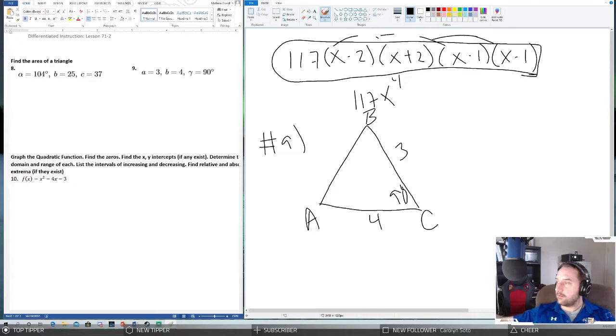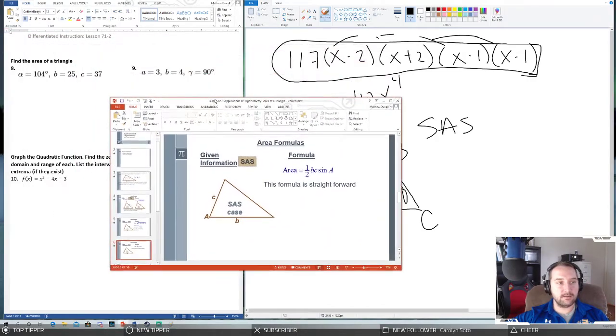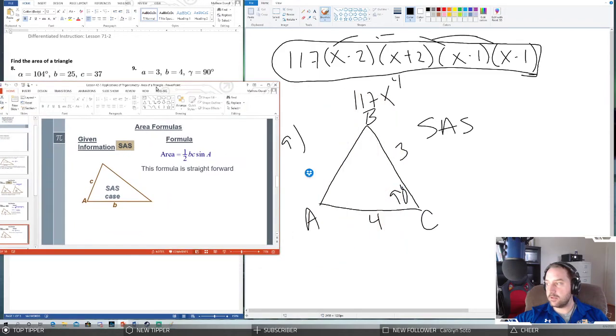Well, the relationship is side, angle, side. And so when it's side, angle, side, there is a formula for it. And so in this case, it's 1/2 B times C times the sine of the given angle. So if you look at the picture, A is the given angle, B and C are the two sides right next to it.